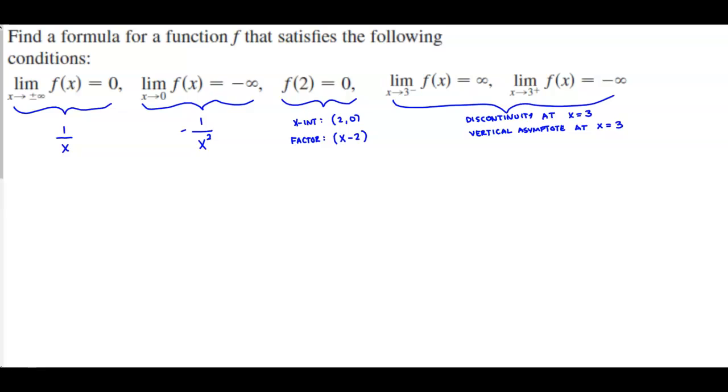So that means we can have 1 over x minus 3 as fulfilling this particular requirement.